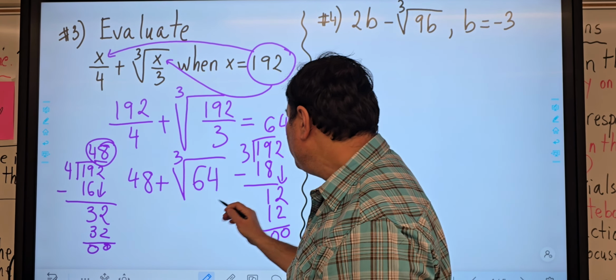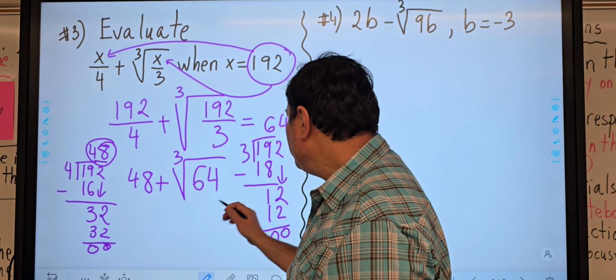Let's solve it. Okay, let's do the multiplication first there. So 2 times negative 3 becomes negative 6 minus cube root of 9 times negative 3 becomes negative 27. Negative 27. I want you to really pay attention to this example, because we have a couple of negatives and we have to be very, very careful how we solve this example.